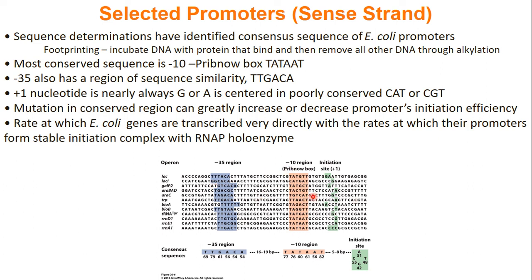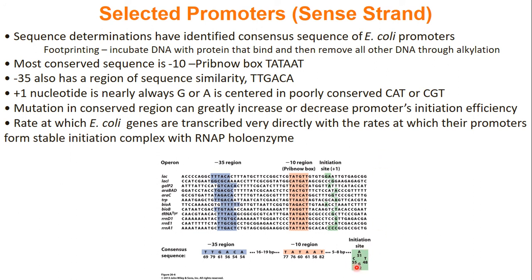Now, at the initiation site, I said that you're going to find all nucleotides there more or less equally. Well, at the +1 site, we do have some specificity, so that's going to be A and G. That will be flanked between a C and a T for the most part. You can see 55, 48, so only roughly half the time there.